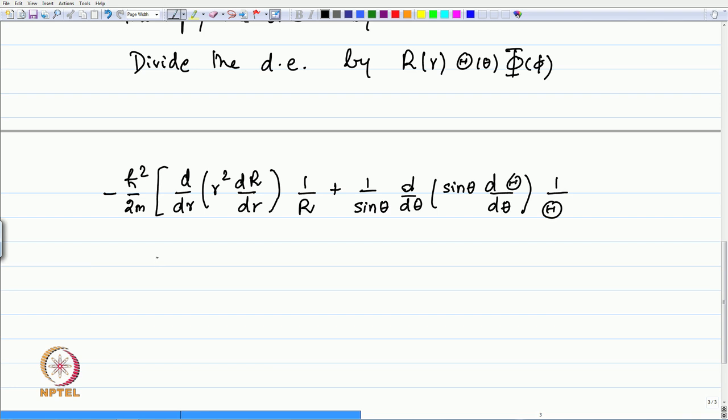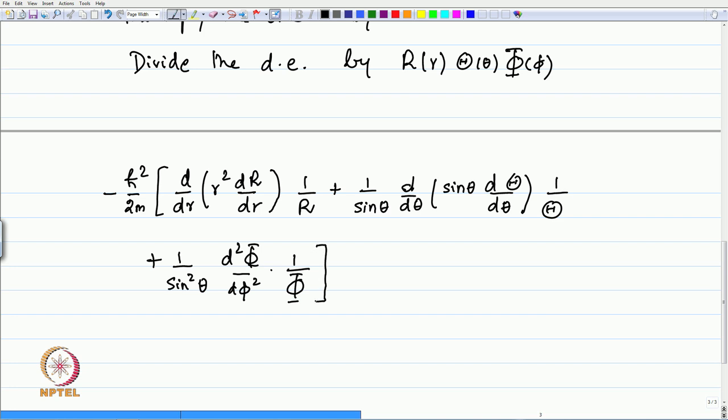And then you have the last term for the kinetic energy, 1 by sin square theta d squared phi by d phi square times 1 by phi.